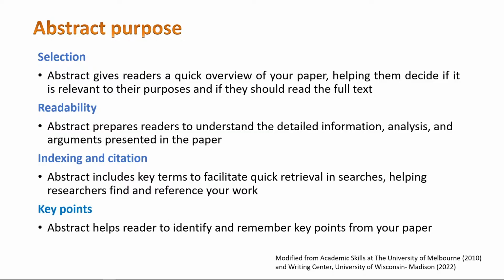That is basically your take home. So the abstract helps the reader to identify and remember key points from your paper. When you write an abstract, you need to keep these four things in mind. If you know the purpose of the abstract, you'll be able to craft a very effective abstract.